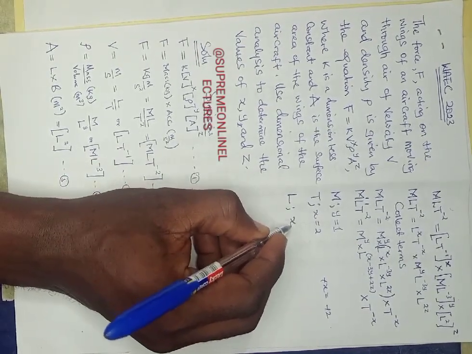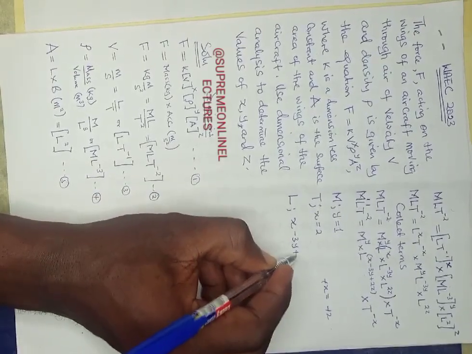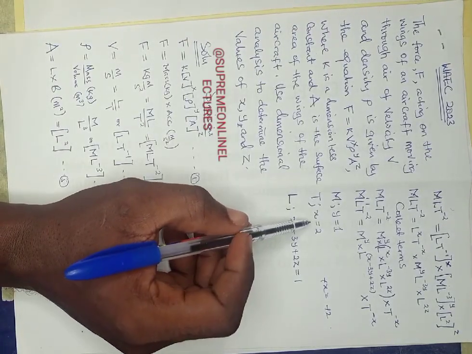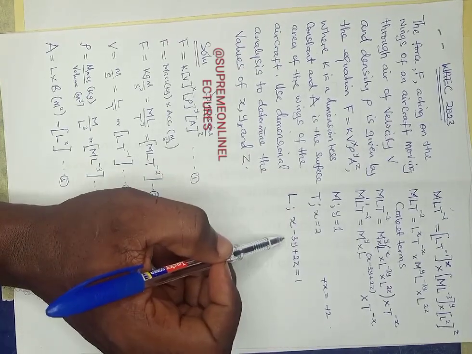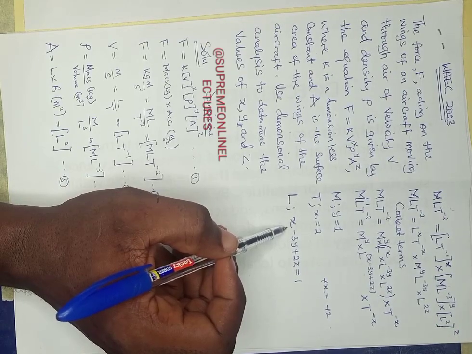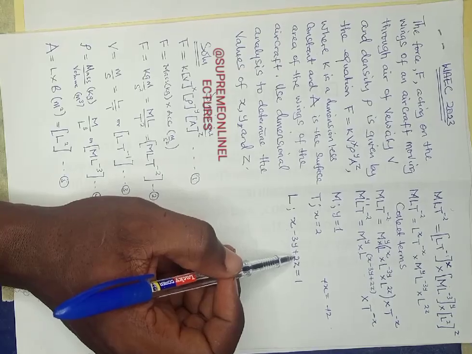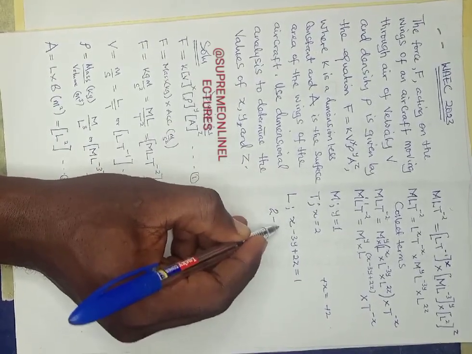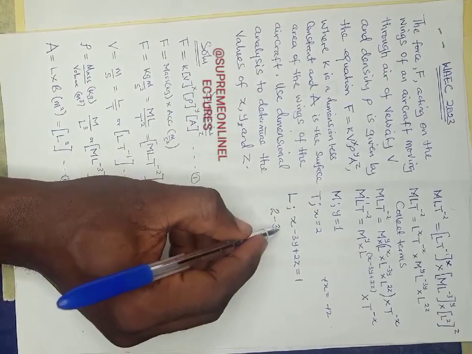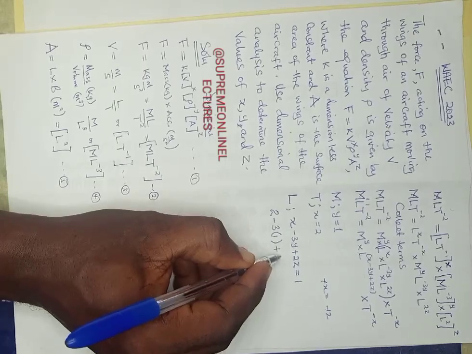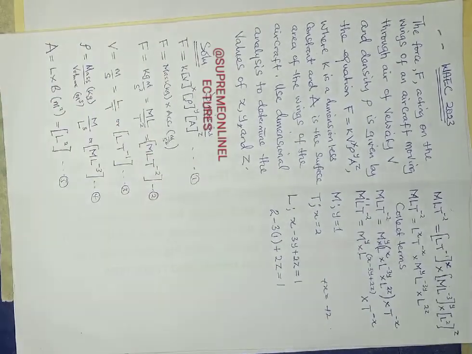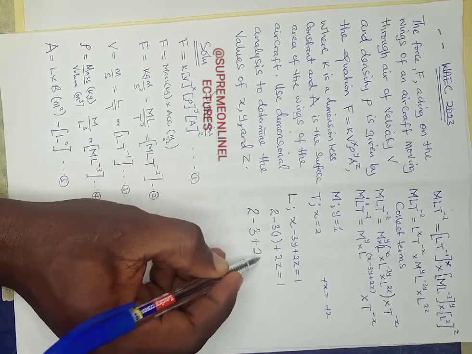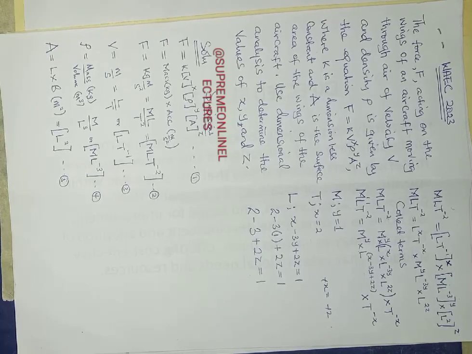So x minus 3y plus 2z equals 1. Since we already have x equals 2 and y equals 1, we substitute them: 2 minus 3 times 1 plus 2z equals 1.